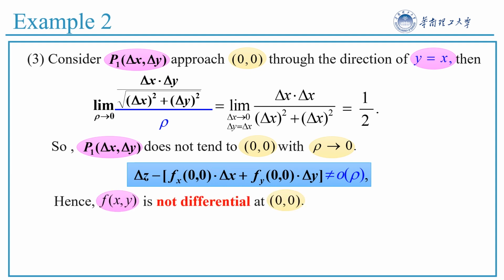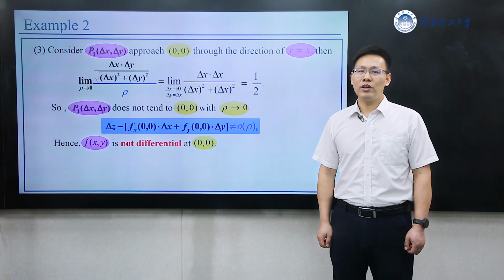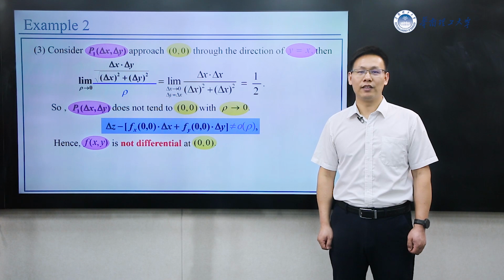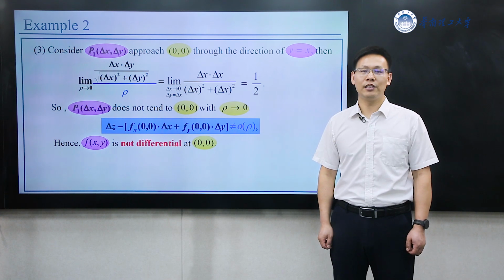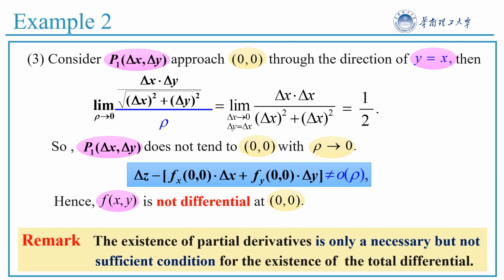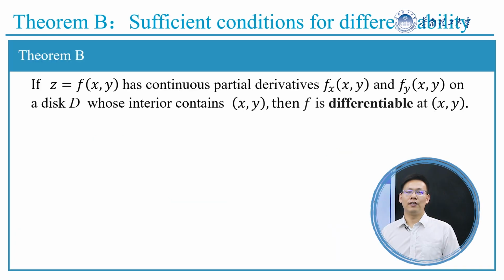This example shows that the existence of partial derivatives is only a necessary but not sufficient condition for the existence of the total differential. Now, we will give the sufficient conditions for differentiability.